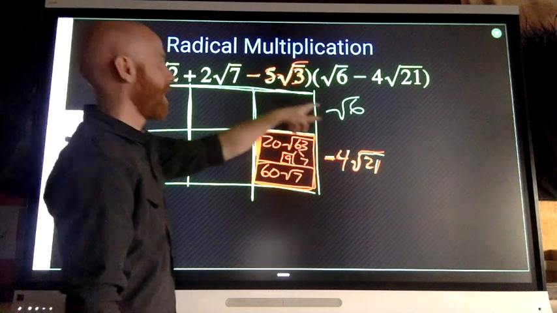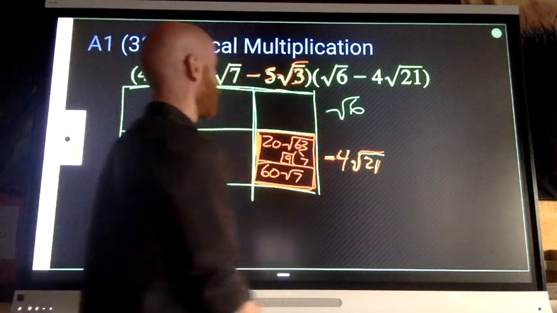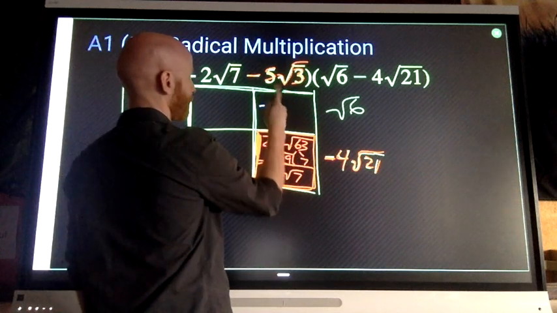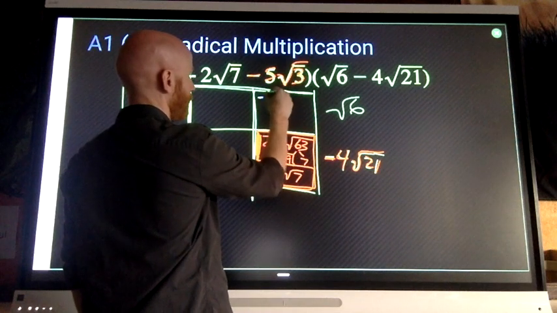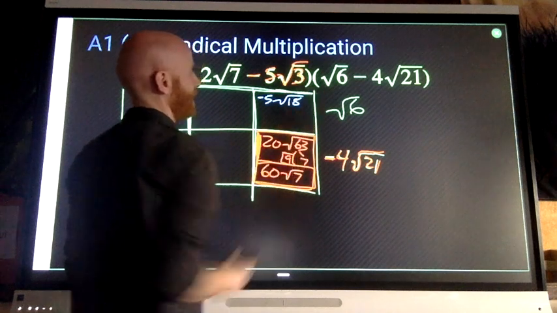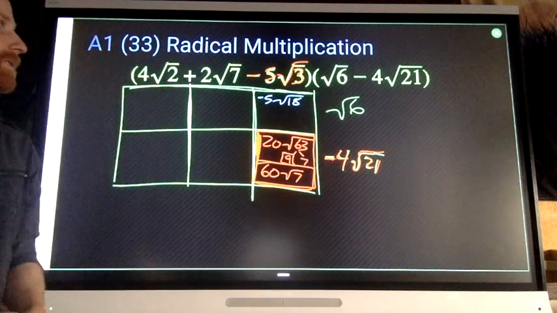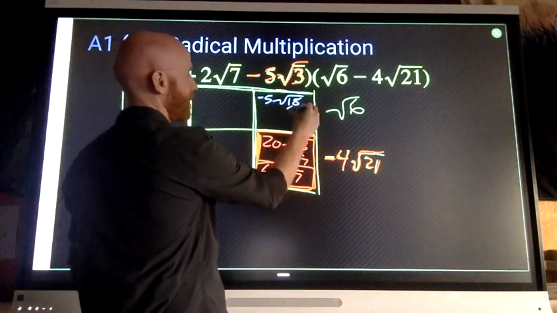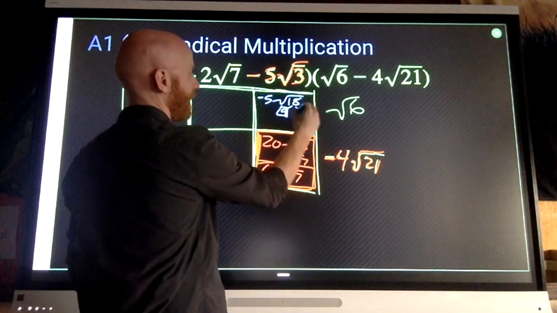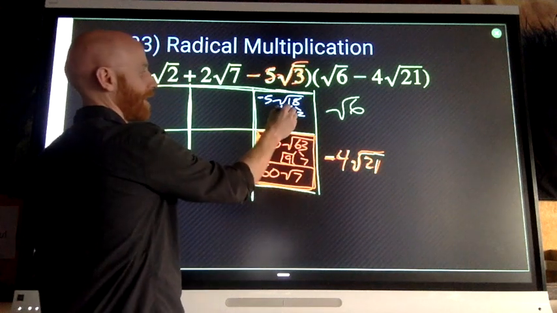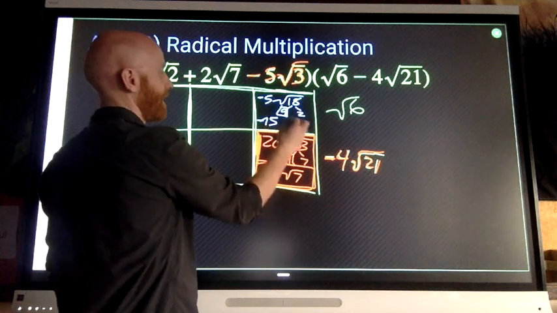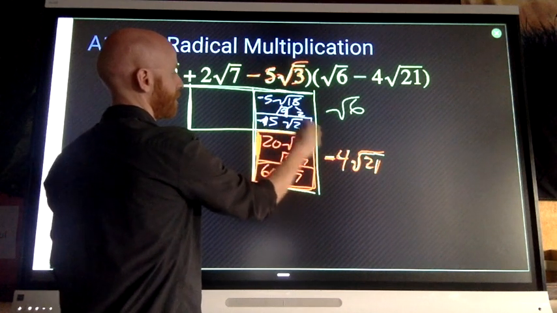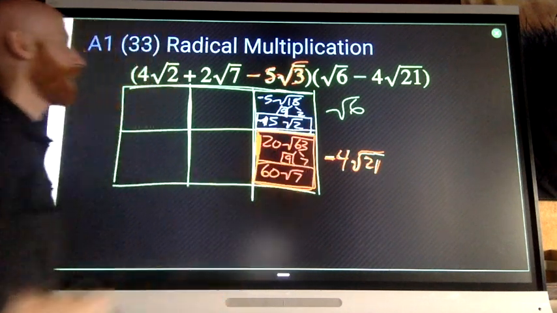Negative 5 square root of 3 times square root of 6 will be negative 5 times the square root of 18. This also can break down into square root of 9 times 2, so square root of 9 is 3, negative 15 root 2. That's the final piece there.